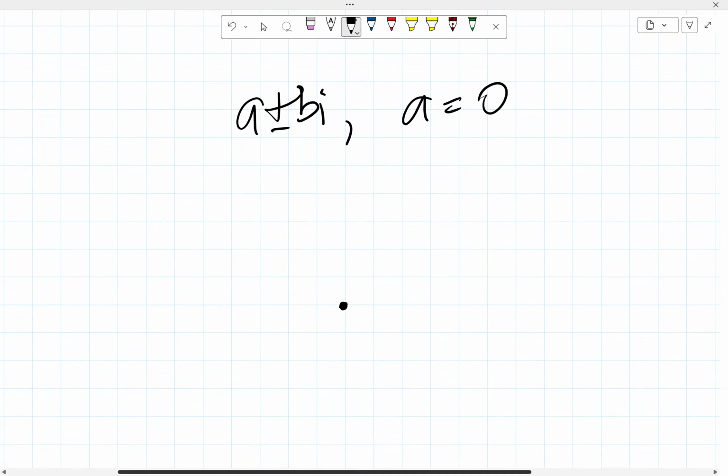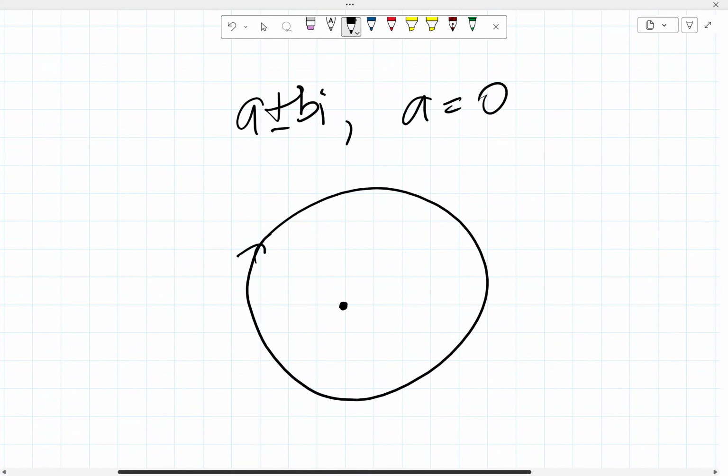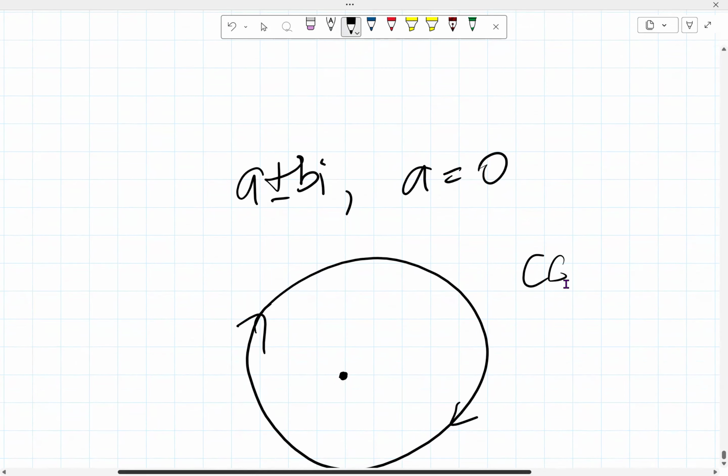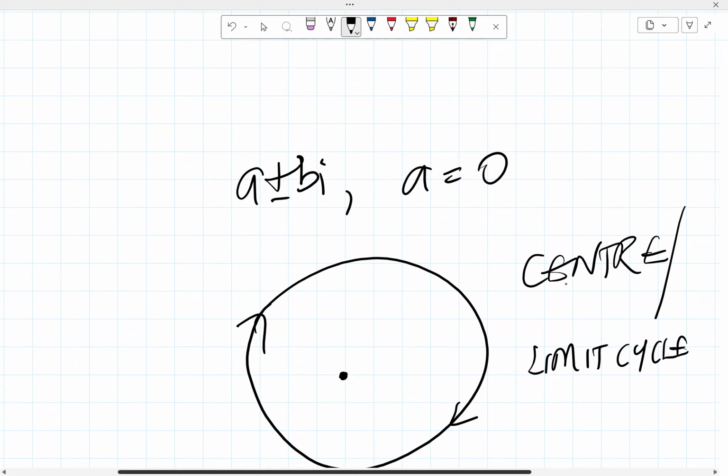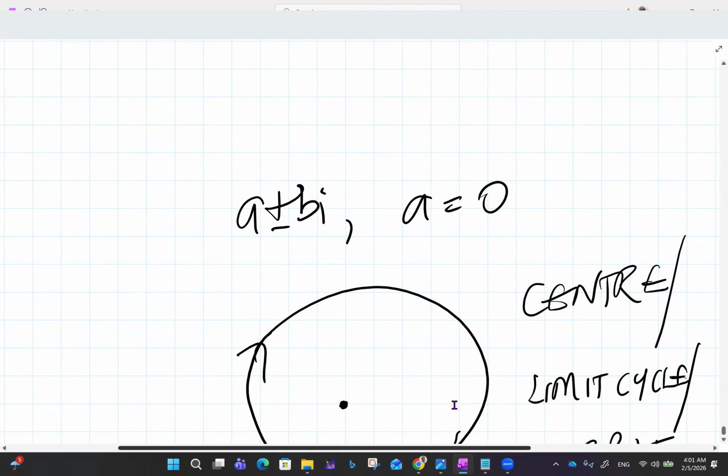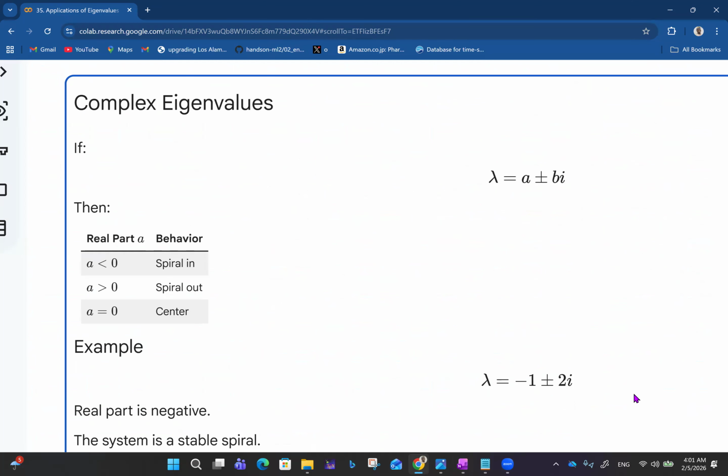So there's no spiraling in or out. You just have an orbit around it, just moving around it like that. This is what you call a center. I think it's also known as a limit cycle, or if you like, call it an orbit. So that's what happens in that kind of situation in stability analysis.